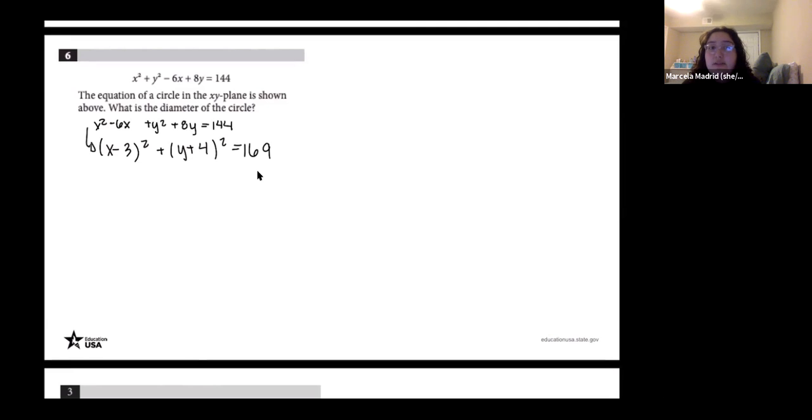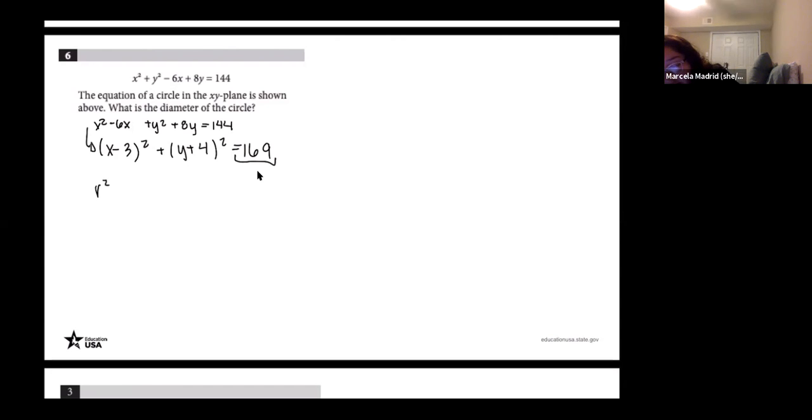And that was the hard part of completing the square. From there, you can just see that you were looking for the diameter of the circle, and hopefully you can recognize that 169 is really all you need from this problem.